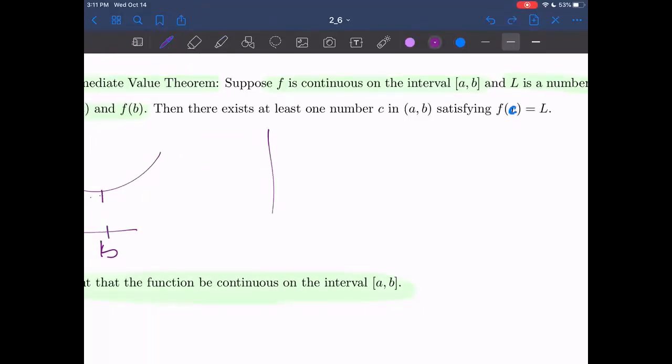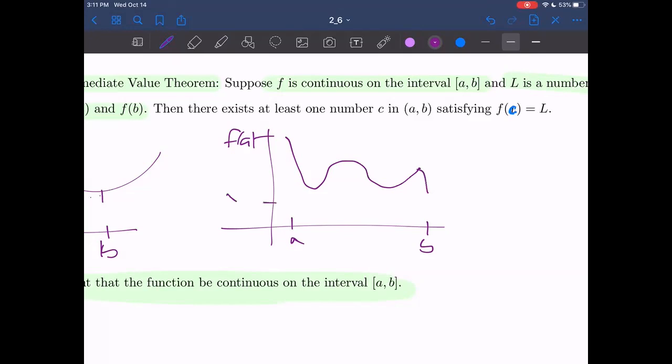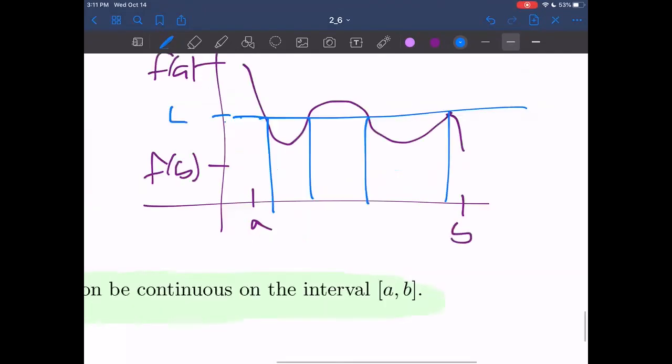So if I've got a function like this, from a to b, f of a, f of b, and this is my L value, then I can have more than one C value that this could be equal to. That's okay.